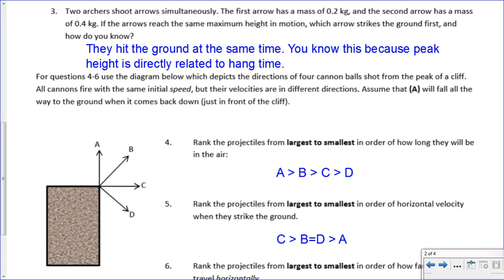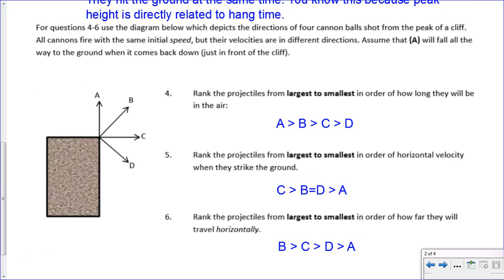All right? Because hang time and initial y velocity and peak height or maximum height are all related to one another. So you know that they hit the ground at the same time because the peak height is directly related to the hang time of its motion. And so they have the same peak height, which means that they have the same time in the air.